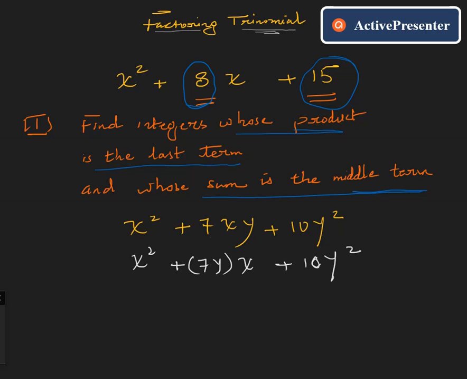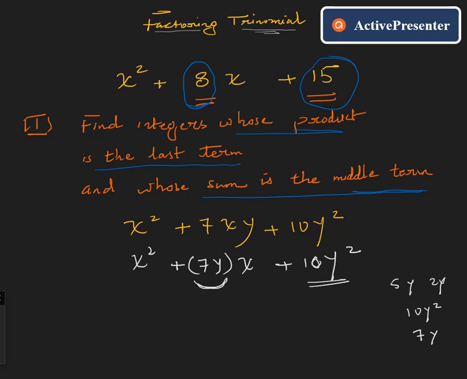Okay, now you can factor. Find those integers whose product is 10y squared and whose sum is 7y. I would say 5y multiplied in 2y. It will give us 10y squared if you multiply them together, and if you add them together you will get the middle term, which is 7y.